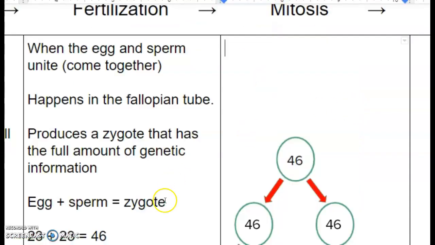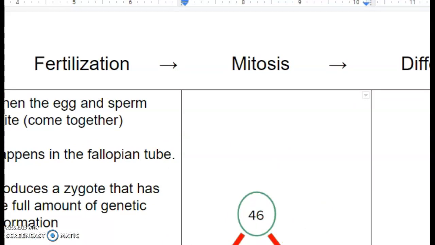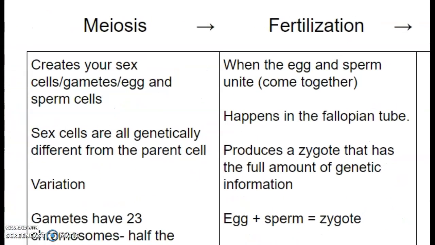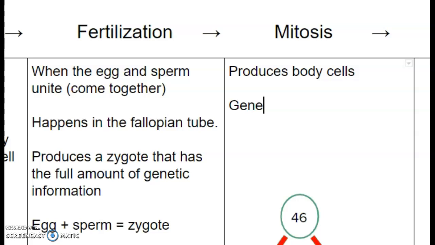Right? So if we come back to our note sheet that we are almost done with, we started with meiosis, then fertilization, now we're up to mitosis. So mitosis produces body cells. They are genetically identical to the parent cell.